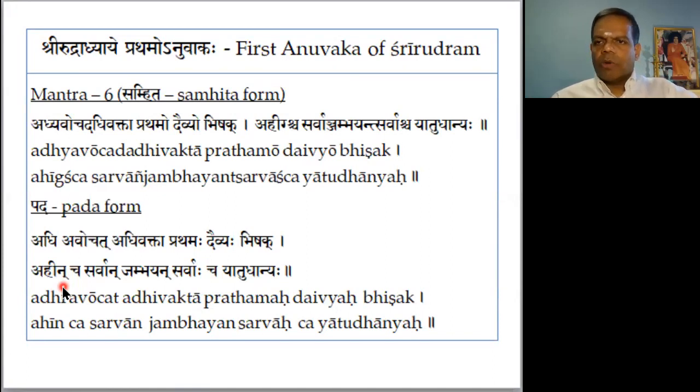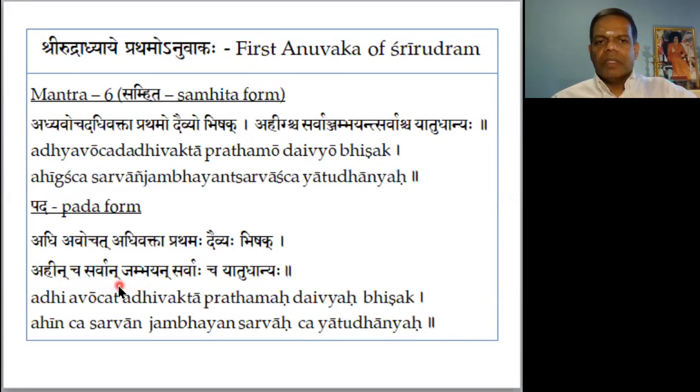I think we have talked about it before also. So that 'ig' is because the anuswara has become that. So the simple word is 'ahin cha', 'ahigscha'. That's how it changes. So 'ahin' and 'cha', 'sarvan'.